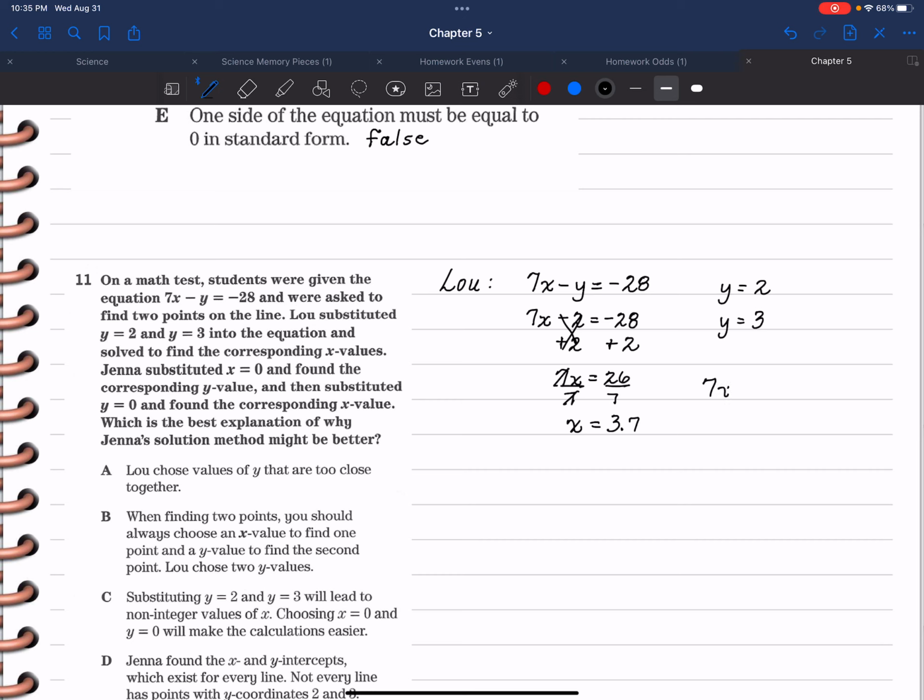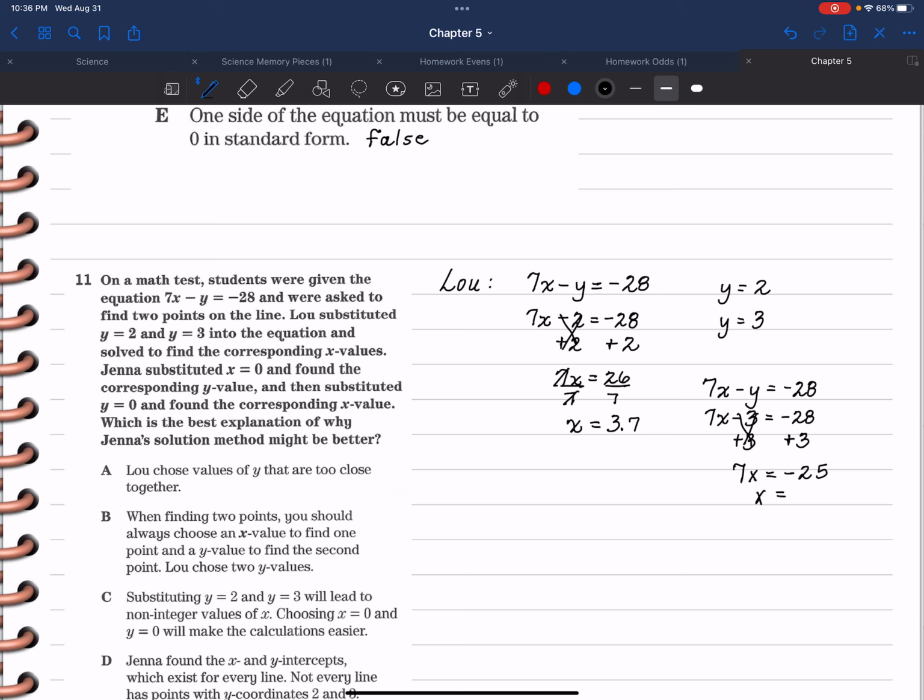Then Lou did that again. And he said, okay, 7x minus 3 equals negative 28. Add 3, 7x equals negative 25.